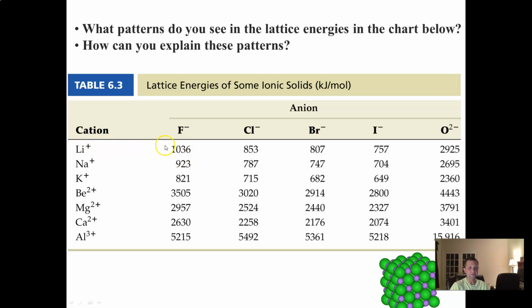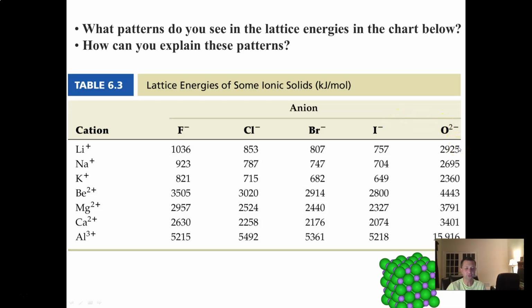Let's look at lithium fluoride, 1,036. Lithium chloride, 853. Lithium bromide, 807. Lithium iodide, 757. Lithium oxide, that's almost 3,000, 2,925. So there we go again. We have Li plus 1 with negative 1, negative 1, negative 1, negative 1, and then negative 2, a big jump.